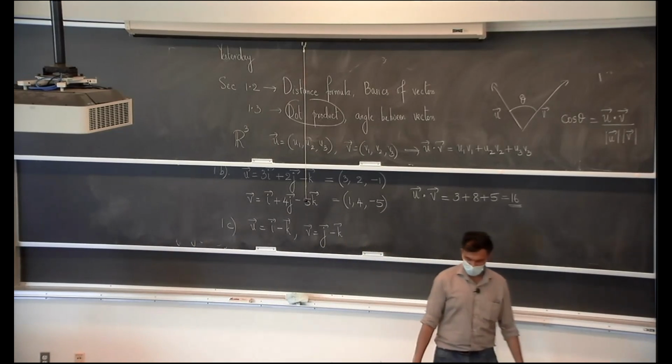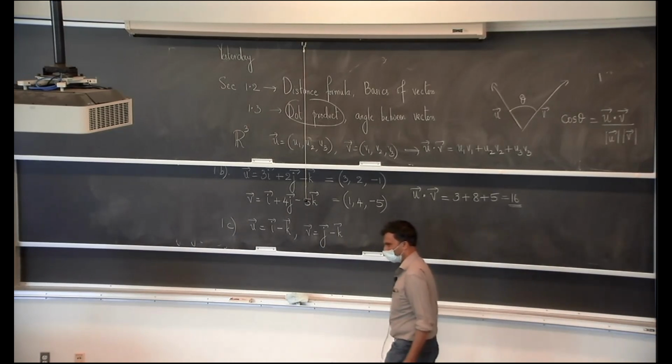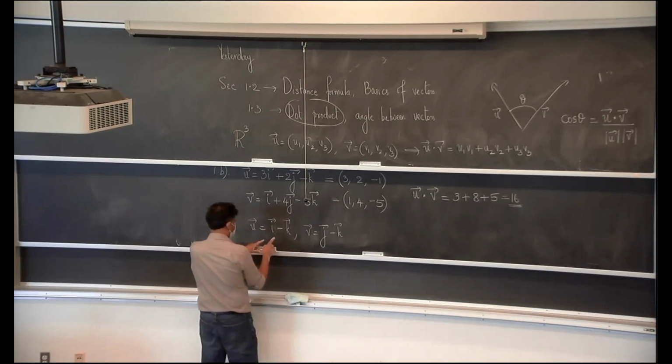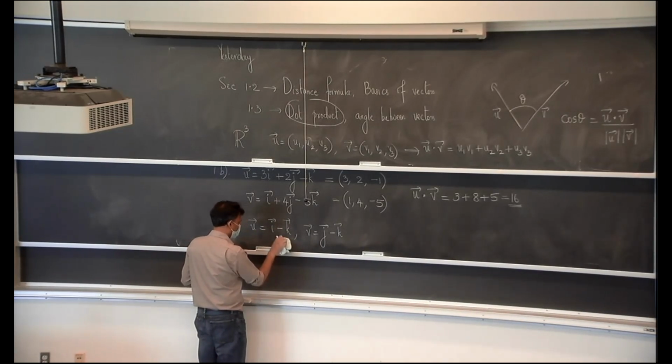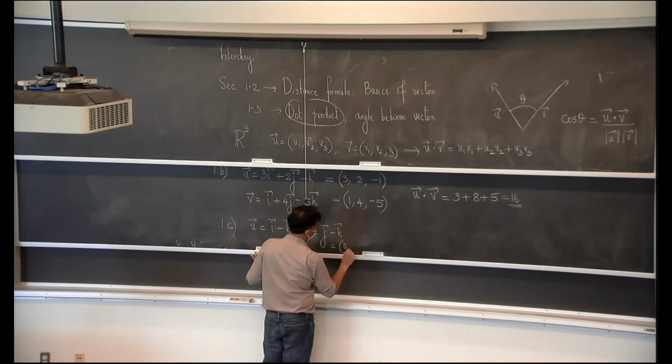You should be careful when you're dealing with vectors with missing components. You just need to fill in a 0 there, okay, so it's not a vector in R2 now, right? So this is 0, this is 1, 0, -1, and this is 0, 1, -1.